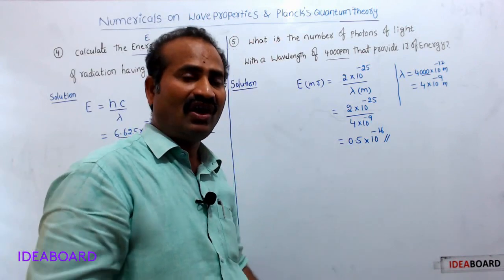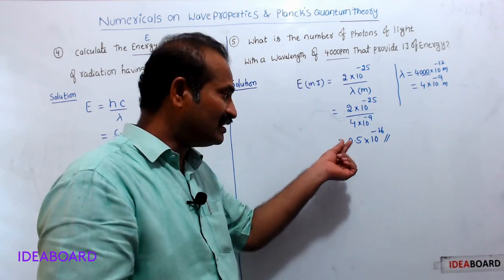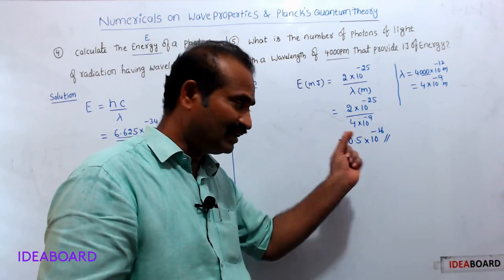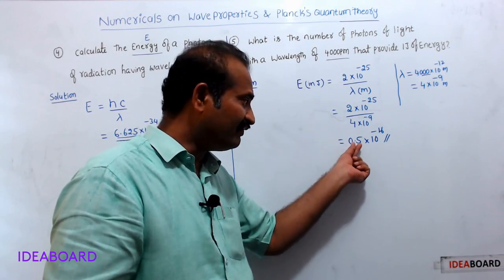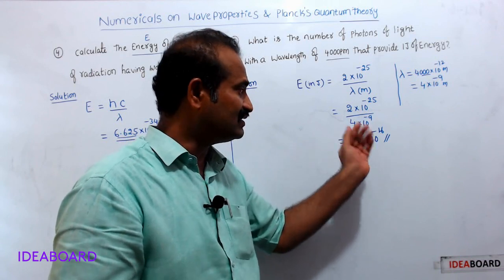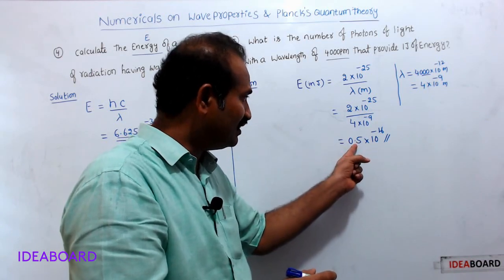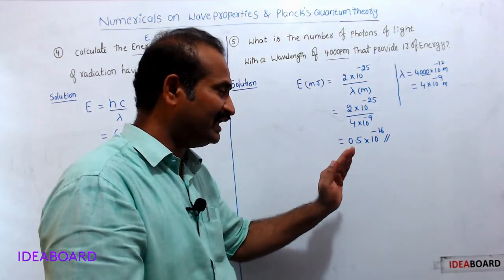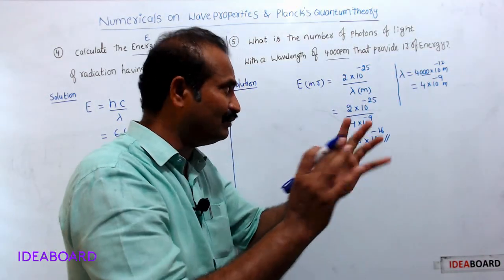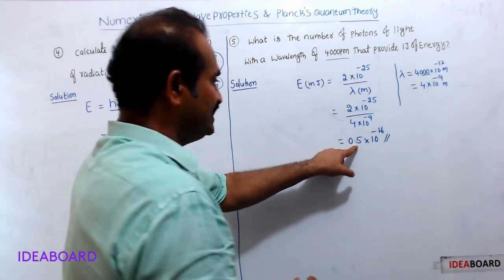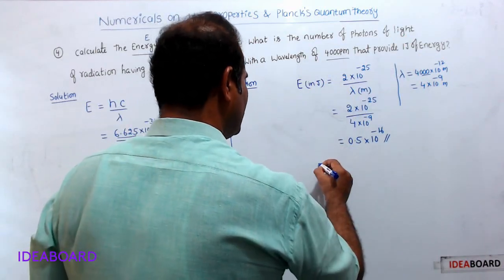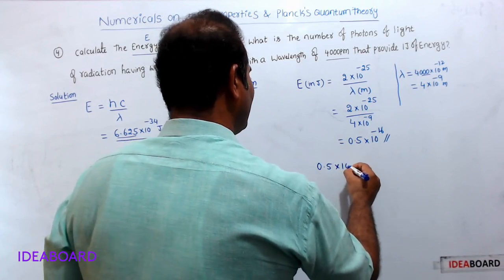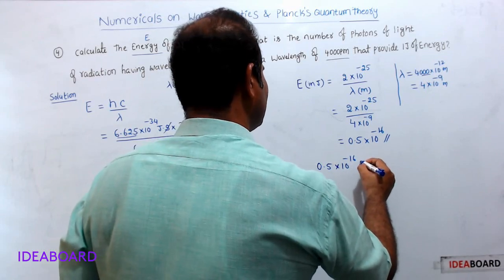Energy of one photon. How many photons with this energy will provide 1 joule of energy? This is the energy of each photon. So here I write 0.5 into 10 power minus 16 joules.